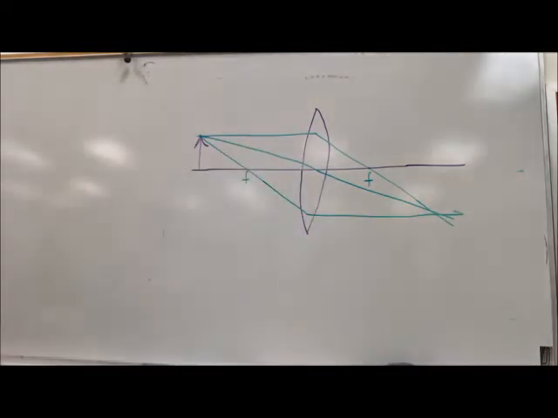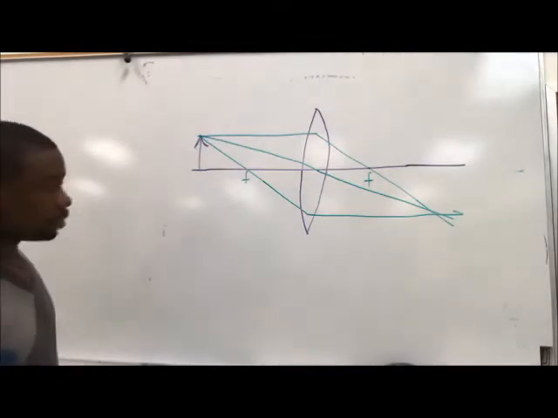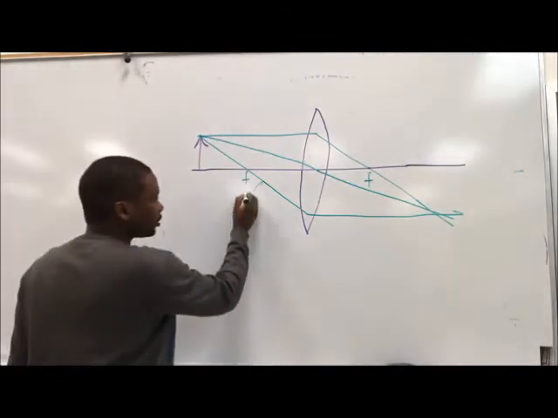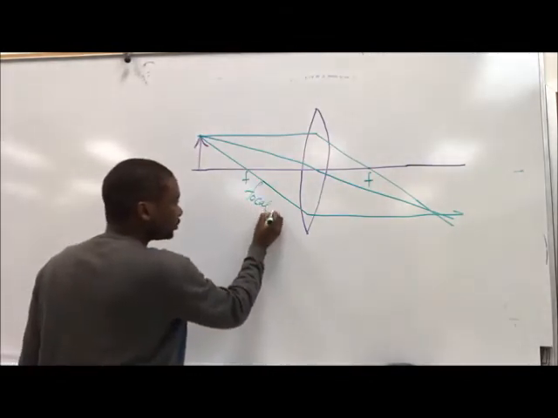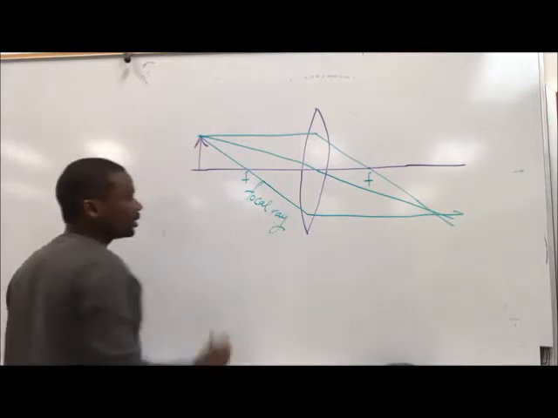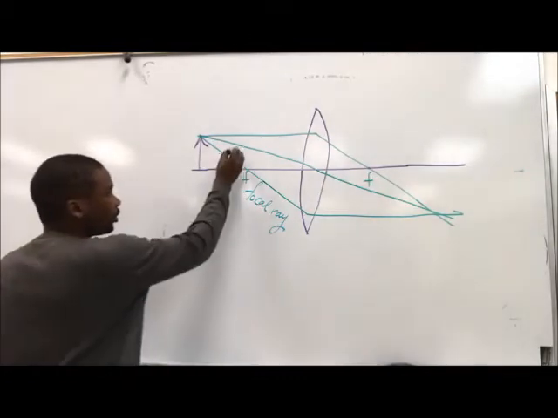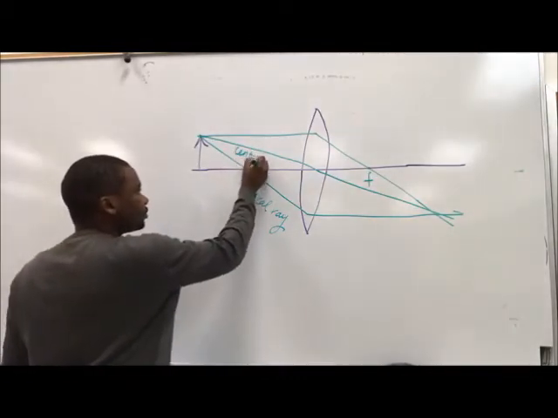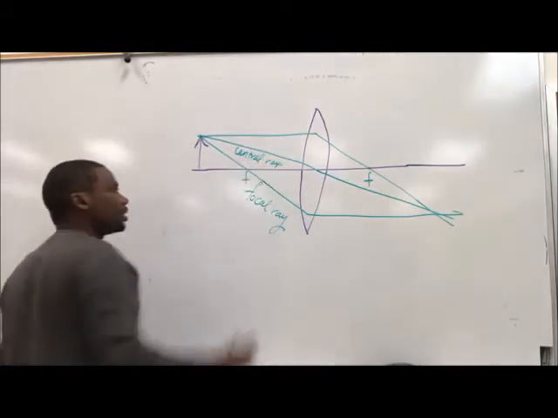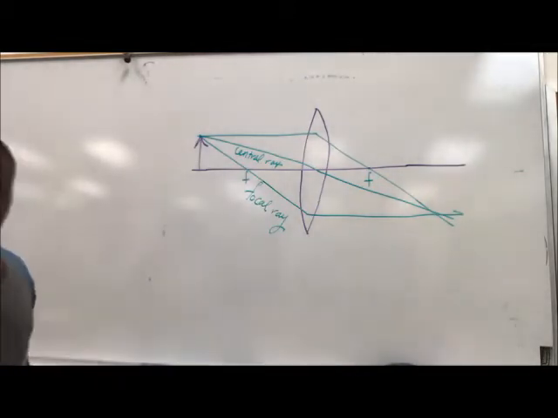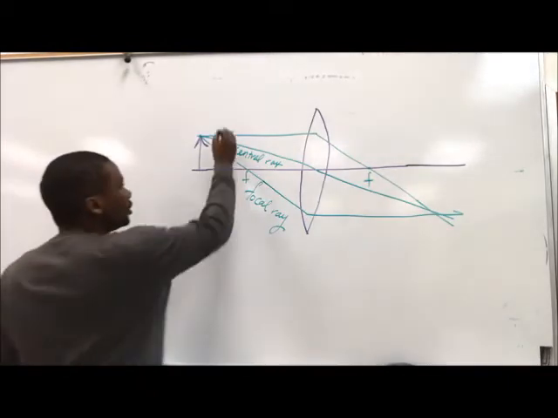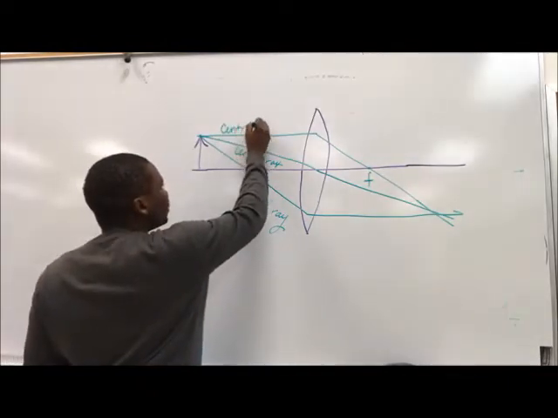Usually we give names to these rays. The ray that goes to the focal point is called the focal ray. The ray that goes through the center of curvature is called the central ray. And the ray that is parallel to the surface on which the object sits is called the parallel ray.